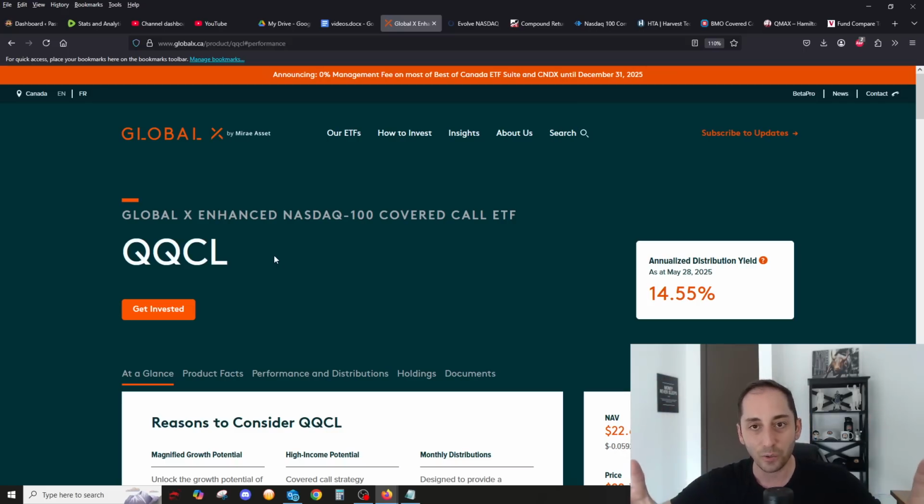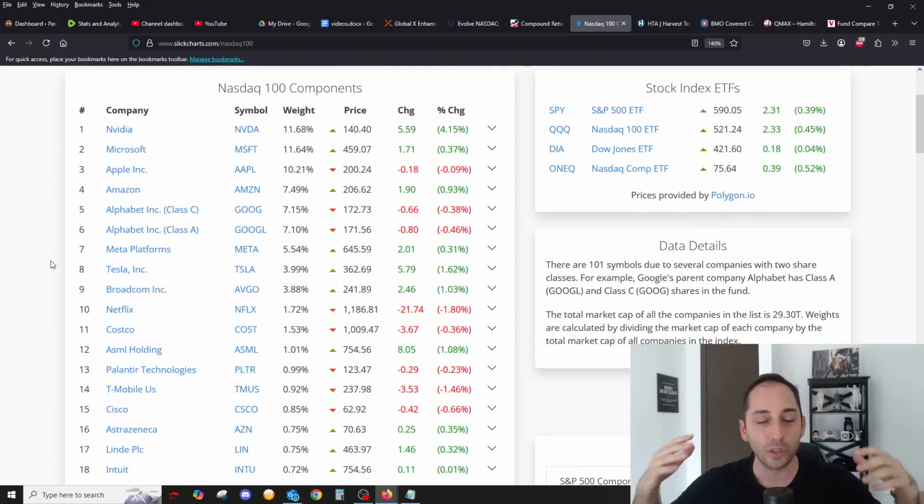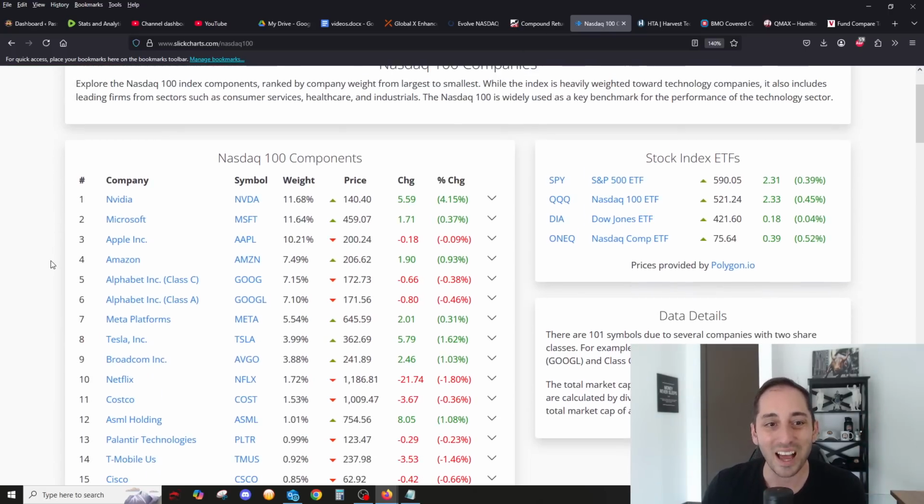So Nasdaq 100, and what is the Nasdaq 100 index? We should all know what it is, right, guys? It's a very, very popular index. You could just Google Nasdaq 100 holdings, and this is typically known as the tech index because it's very technology focused. Why? Because these are only 100 companies.